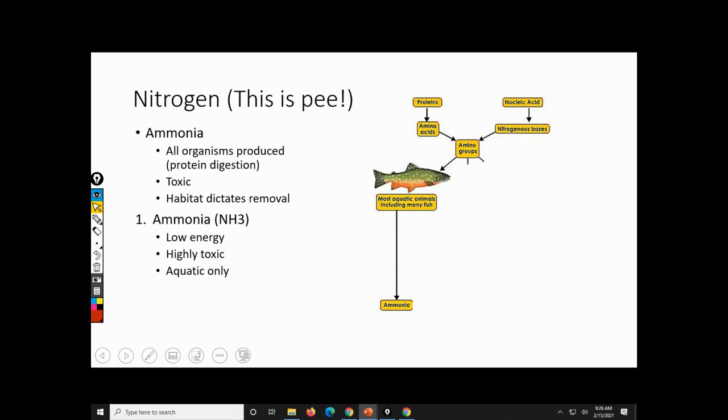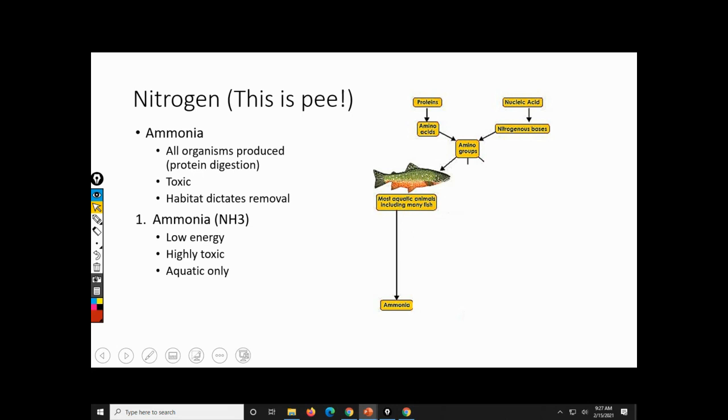Basically, one of the main places we're seeing this nitrogen coming from is from amino acids or from proteins. Remember that nitrogen in most forms is very toxic, at least when it's first broken down. So our goal here, or at least the kidney's goal, is to put this into a form that is not going to be harmful to your body as it's passing through you, and ultimately isn't going to be harmful to you when it's first released. We don't want to be coping with that.